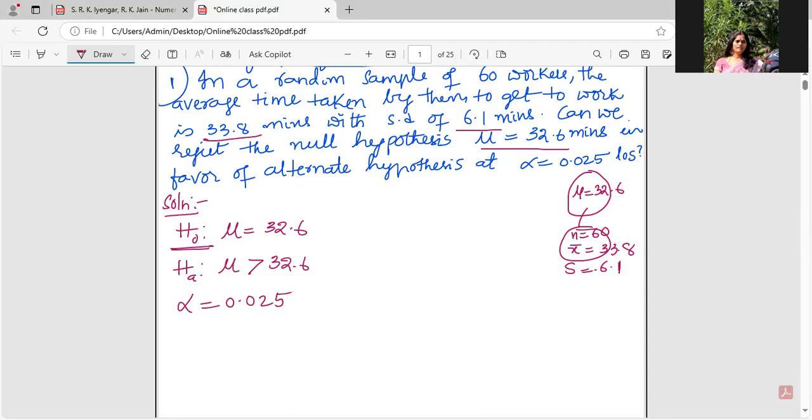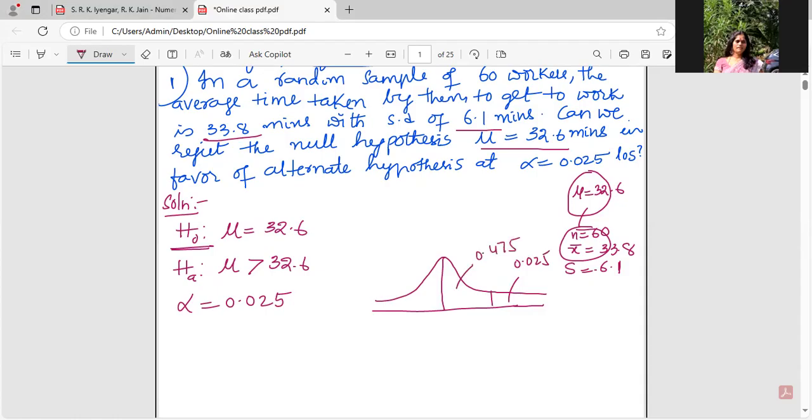Let's draw the Z distribution curve, which is bell-shaped. Alpha, the rejection region, is 0.025. So this remaining area will be 0.475.